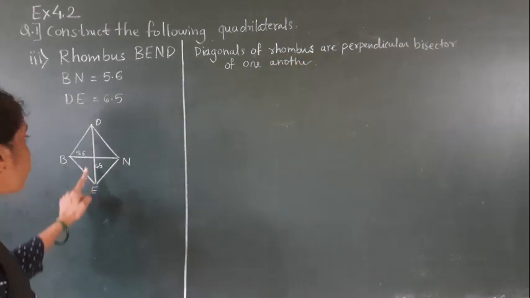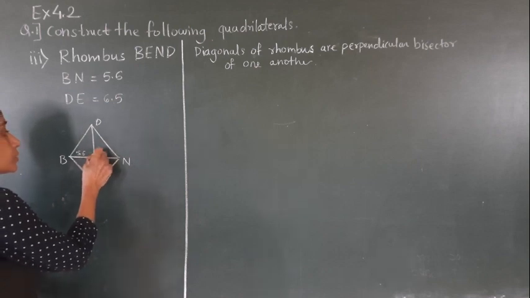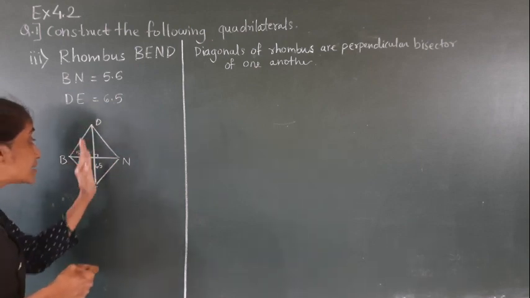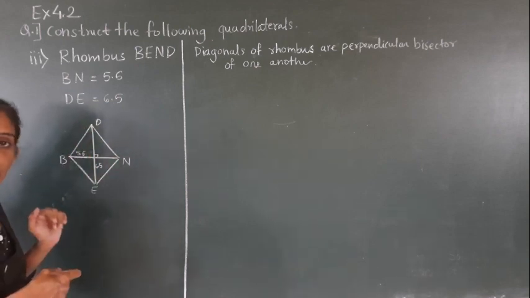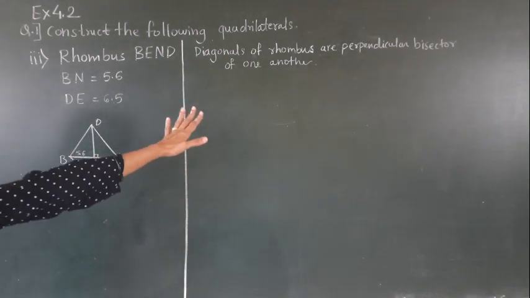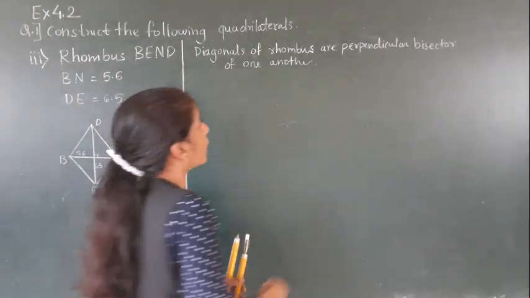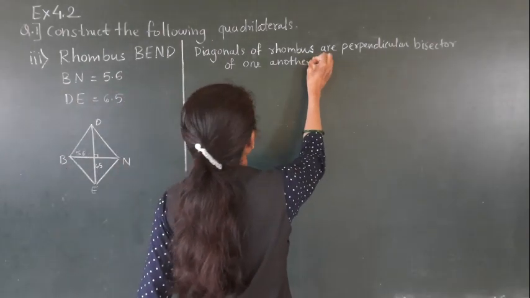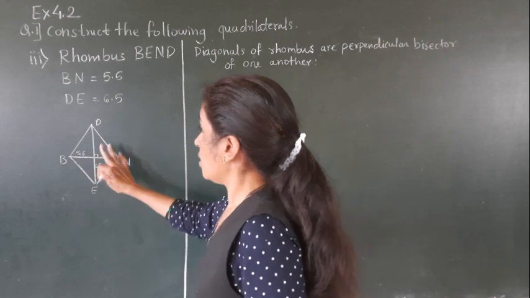It means it bisects, it makes equal parts, and it is a perpendicular bisector. You should understand this. Okay, so now we will construct this rhombus.